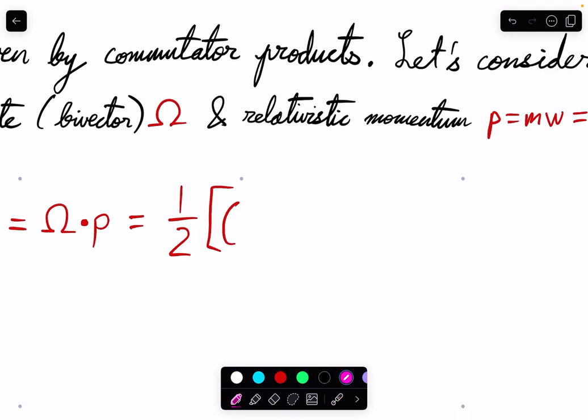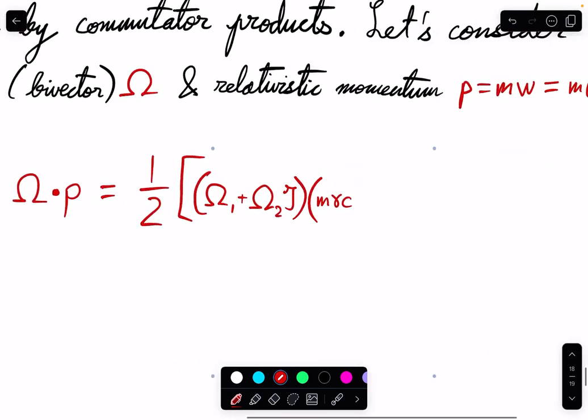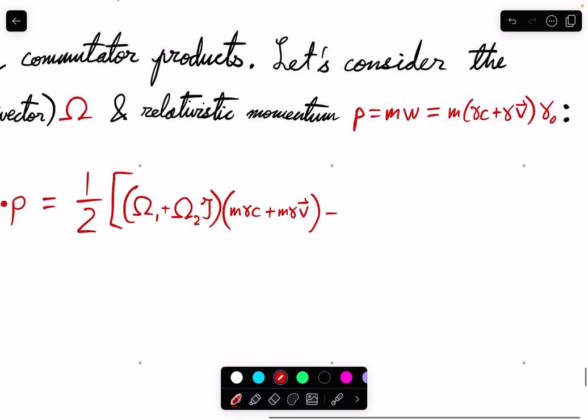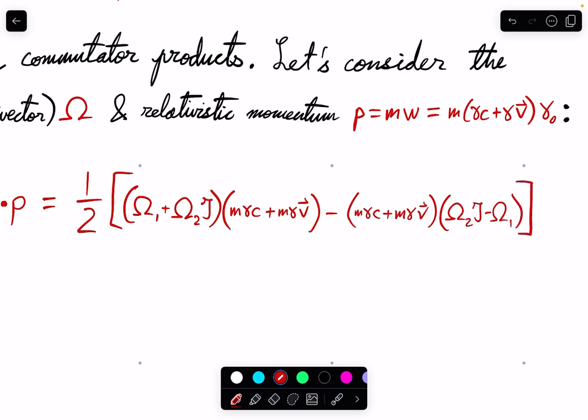So we can split this up, omega 1 plus omega 2 I. And then we get m gamma c plus m gamma v, and then we get minus m gamma c plus m gamma v, then omega 2I minus omega 1. And here I'll explain these minus signs in a sec.